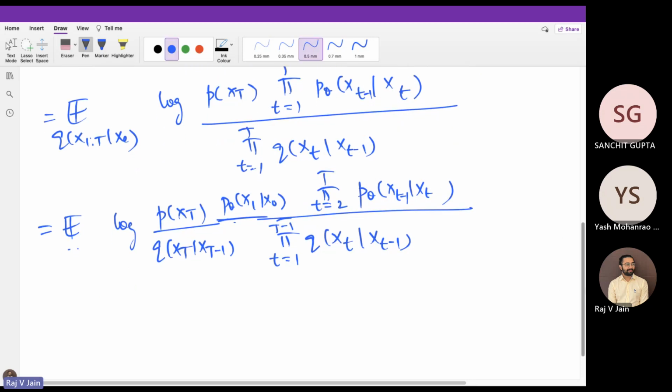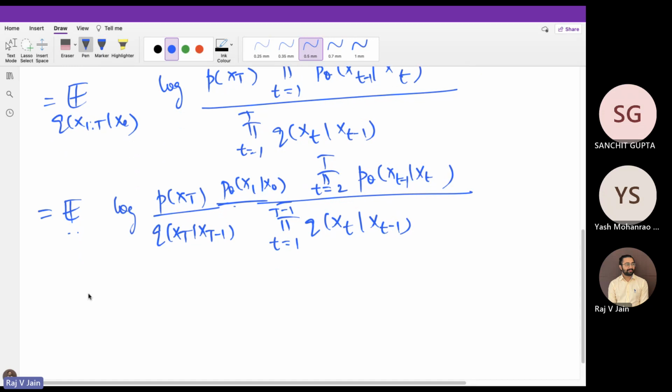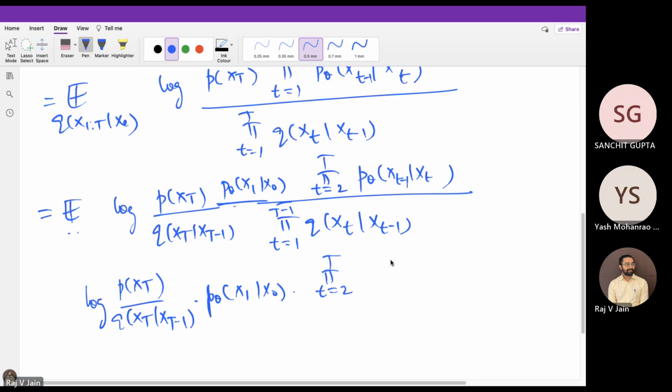Okay, this is fine. Now this again becomes the same, p of xT, q of xt given xt minus 1 here, same p theta of x1 given x naught. Now here what we'll do is look at this particular term like this. So this becomes p theta of xt minus 1 given xt.